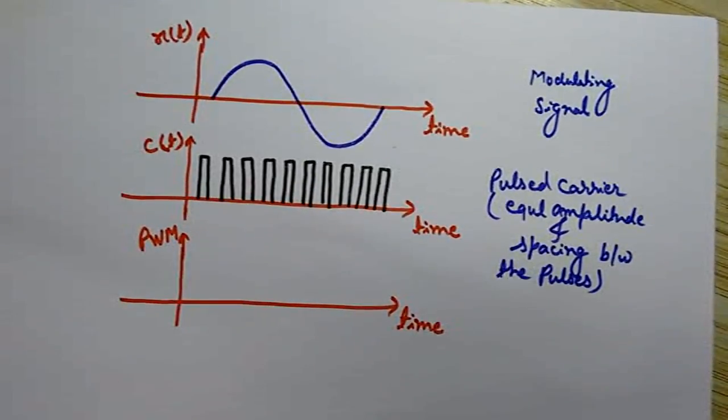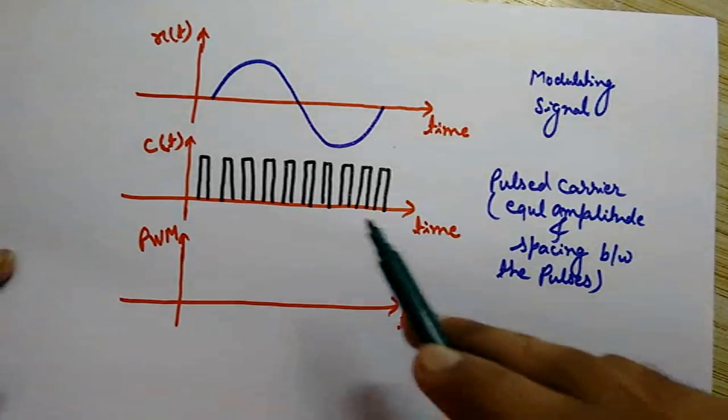PWM means the pulse width modulation, also known as pulse duration modulation, PDM. In the last lecture I have already discussed what PWM is and how to obtain the waveform of pulse width modulation.